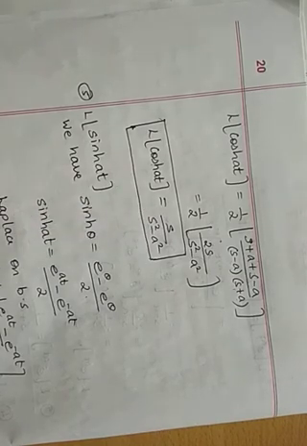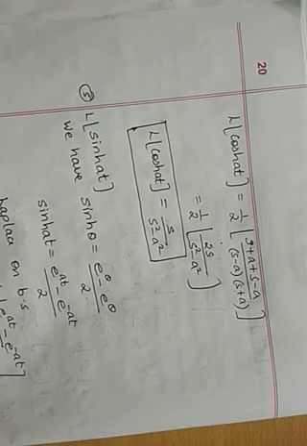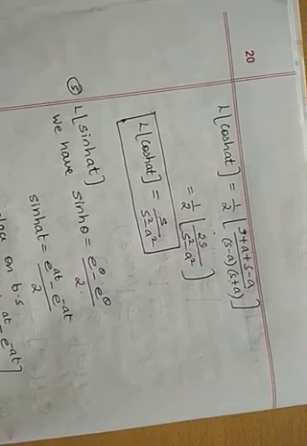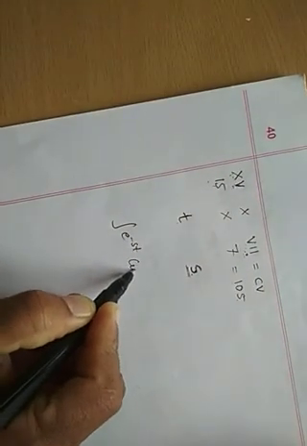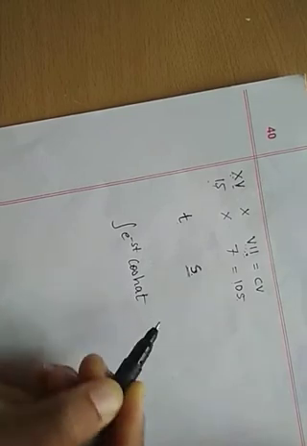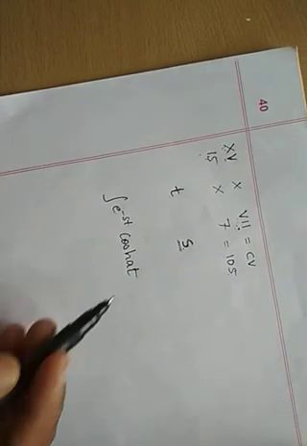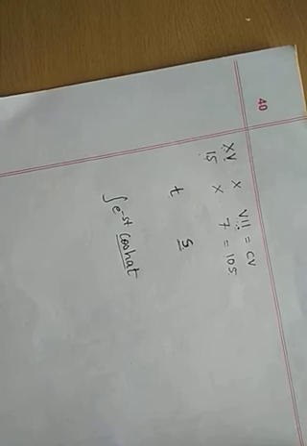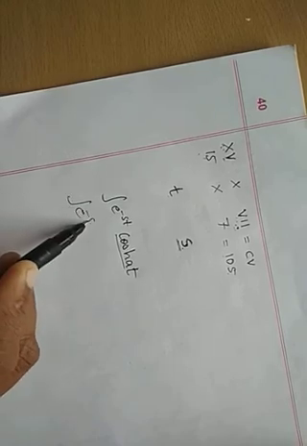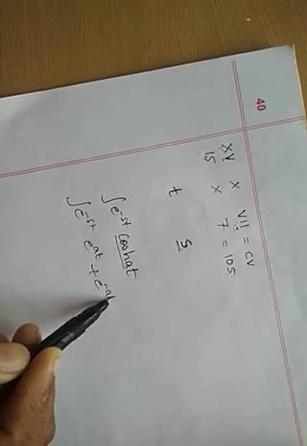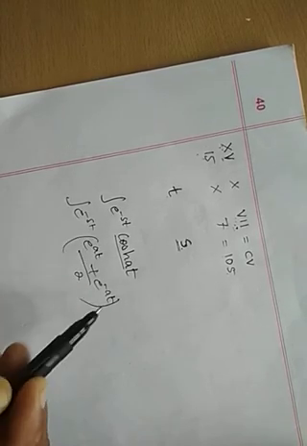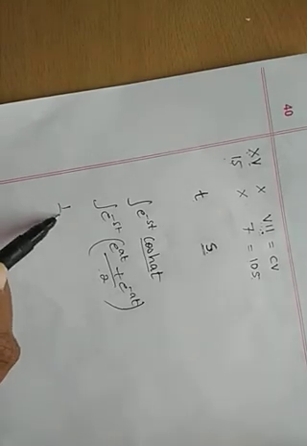Here we cannot apply the definition because we don't have the integration of e raised to minus st into cos hyperbolic at. Here what happens is you have to substitute for cos hyperbolic at as e raised to at plus e raised to minus at upon 2, and the 1 by 2 will come out.